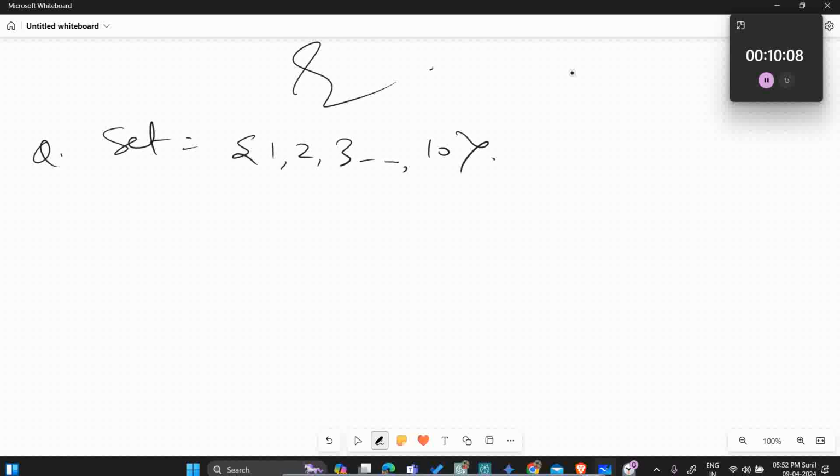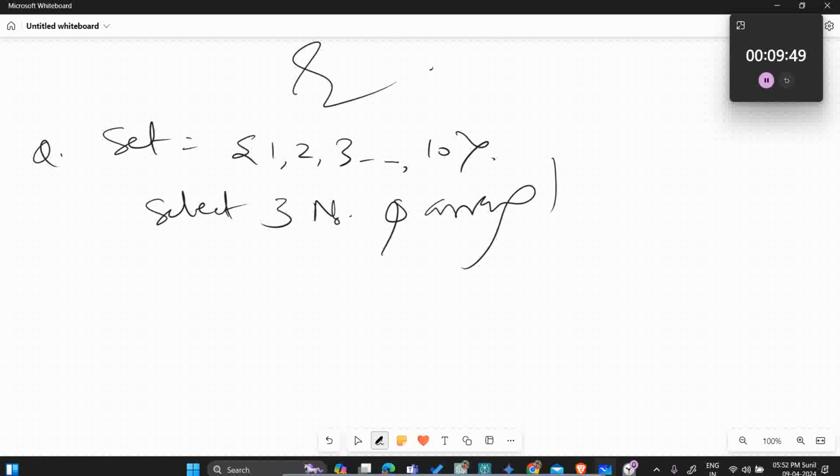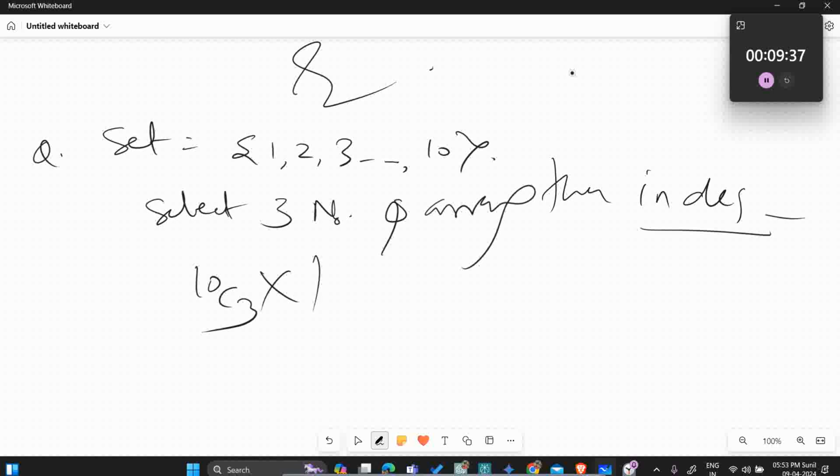Now the question for this set: select three distinct numbers and arrange them in descending order. So how many ways can we select three of them? 10C3. But how many ways can we arrange them separately? Only one way. So 10C3 is the answer.